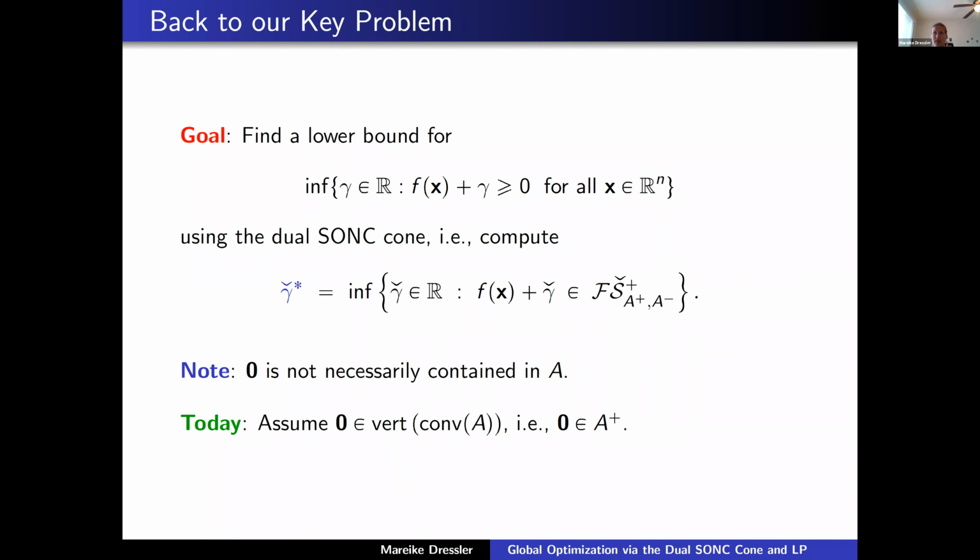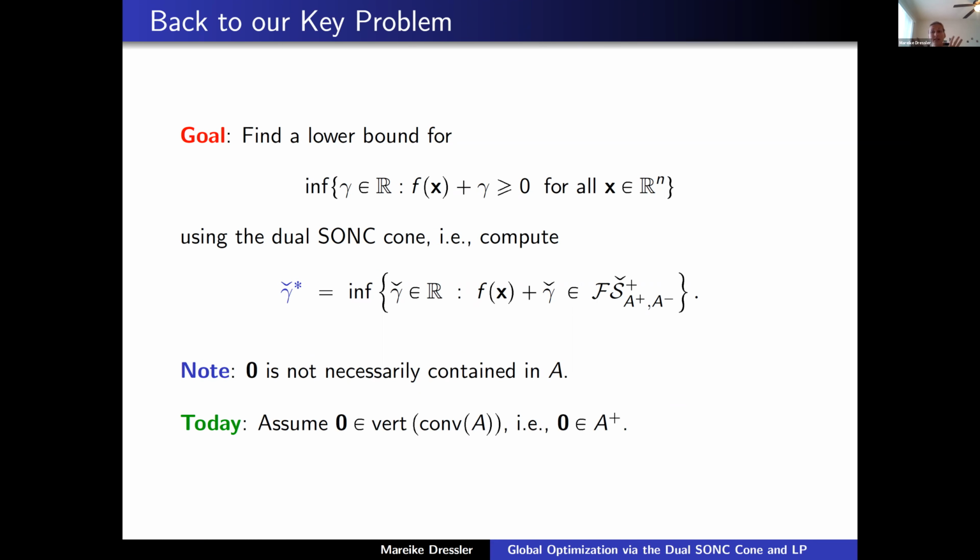And maybe one thing I have to note here, namely this 0. The 0 is not necessarily contained in my support. And in our work, we really discussed this general case and how to choose a way to know whether it is contained in either A plus or in A minus.